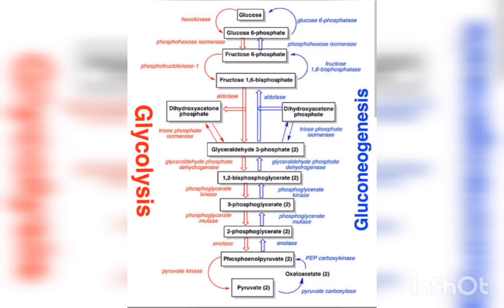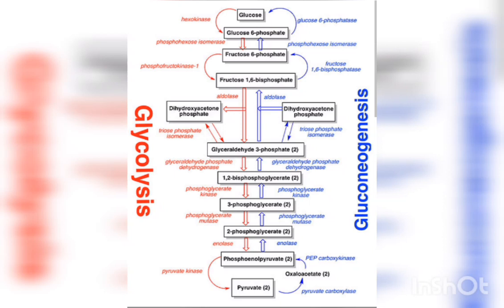These steps are used to synthesize glucose from non-carbohydrate sources, such as amino acids, lactate, or glycerol, when glucose is needed but not available from the diet.